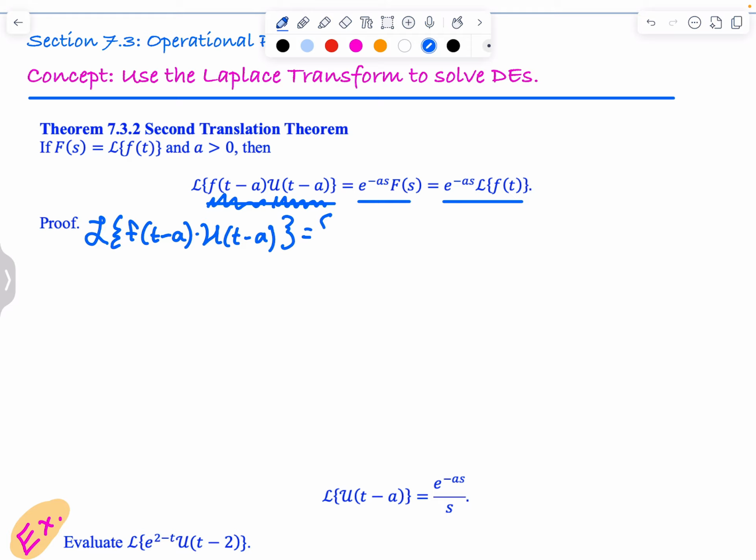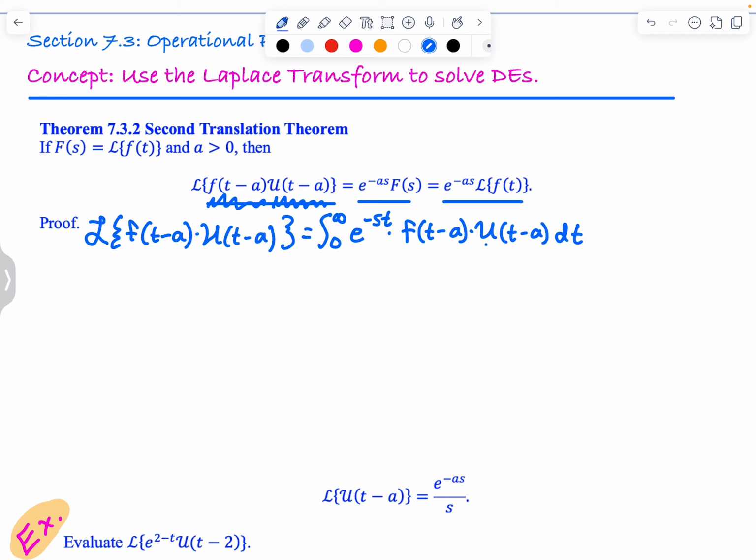So let's use the definition of Laplace. We have 0 to infinity of e to the negative st times f of t minus a times u of t minus a dt. Okay, a couple things here.